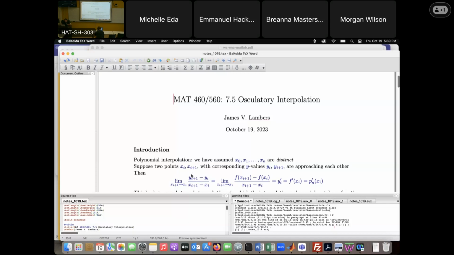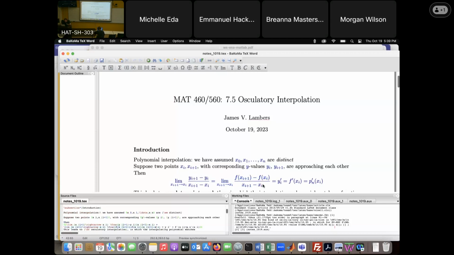Each y value we can think of as the value of some function f at the corresponding x value, so our difference quotient becomes this. It's a difference quotient that, as you know from calculus 1, converges to a derivative value. So this expression converges to y_i prime, which is also f prime at x_i.